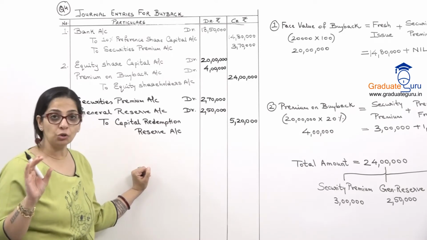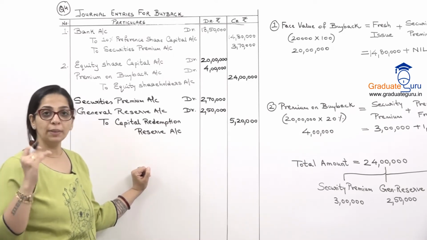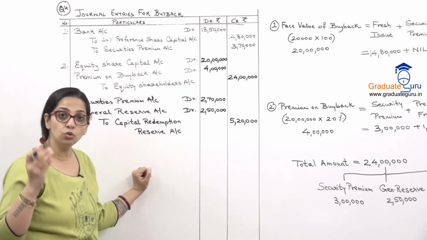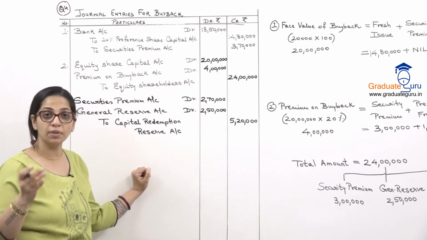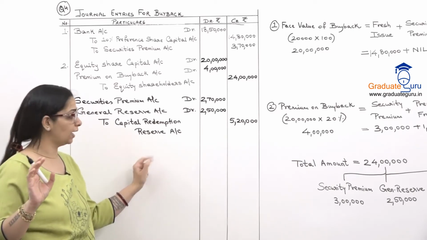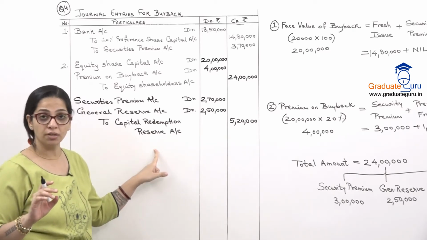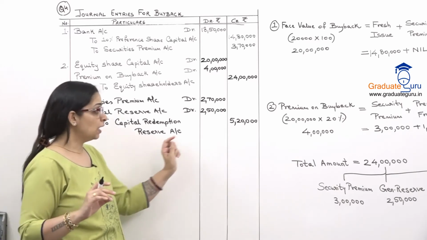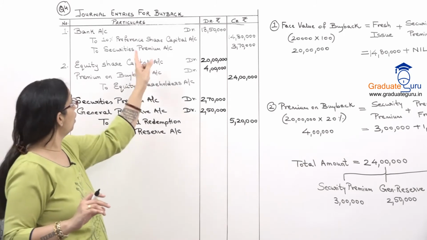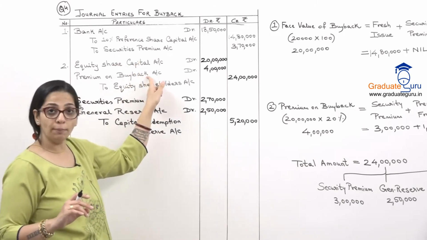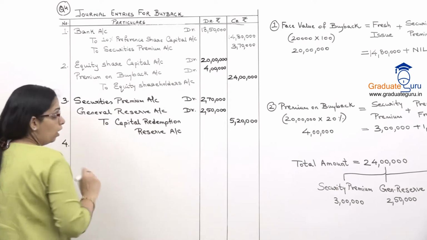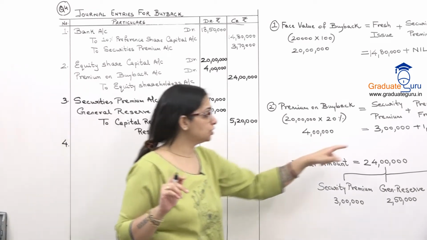Now do you realize that when I am making a fresh issue, जो fresh issue का amount है, वो कभी भी CRR में नहीं जाता है. Only that which I am using from the reserves, जो हम reserves से use करते हैं वही amount CRR को जाता है, that is capital redemption reserve account में जाता है. Okay, so this is transfer to CRR. Now we have also paid premium on buyback, तो वो भी write off करना पड़ेगा. For the premium, what have I used?